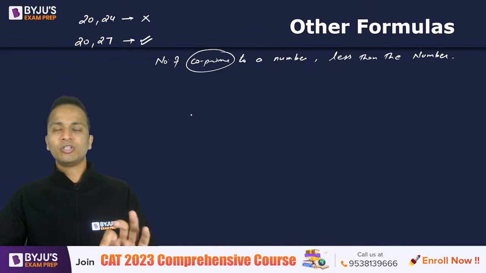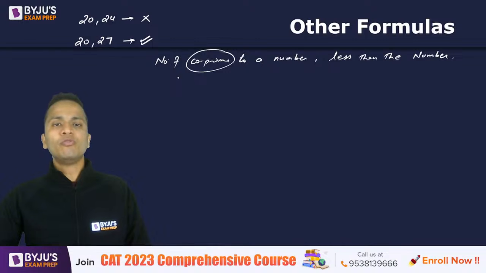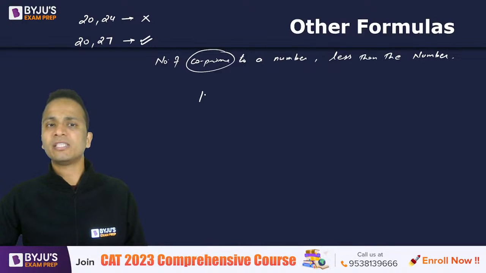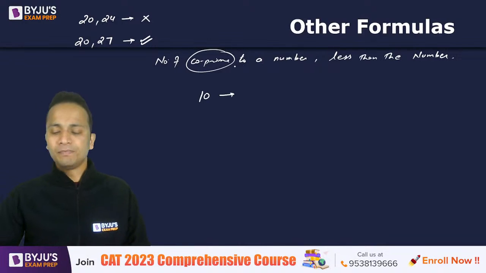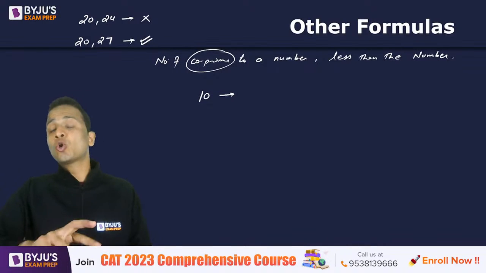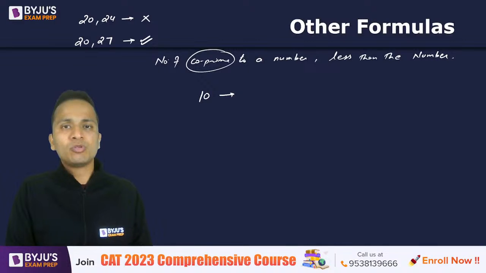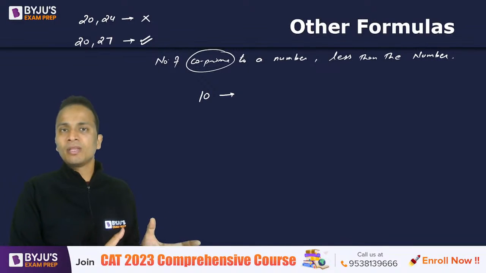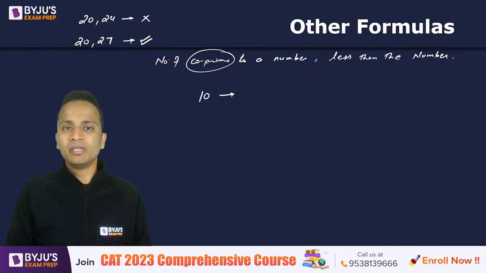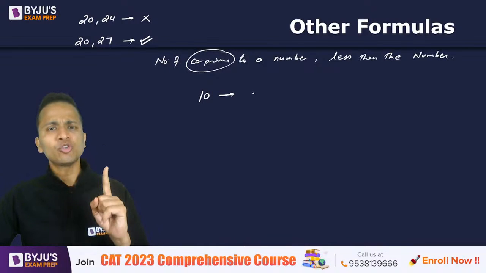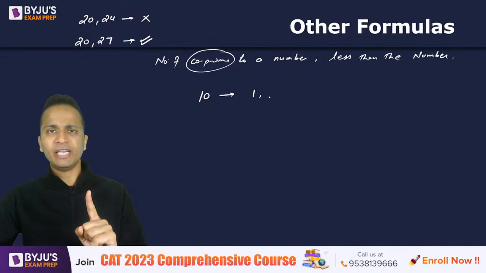So this is what we are going to do. We have to find out the number of coprimes to a number which are less than the number. For example, if I consider 10, we have to find out all the numbers which are coprime with respect to 10 but less than 10. Among all the numbers smaller than 10, we will check which numbers are coprime to 10. So I'll start from 1. 1 will be coprime with every number.